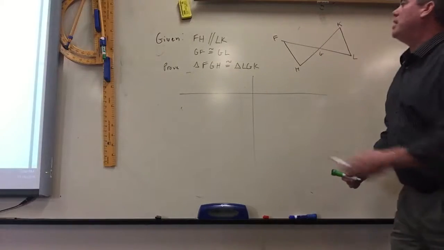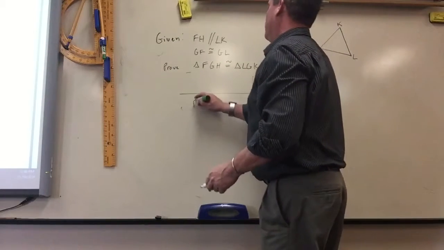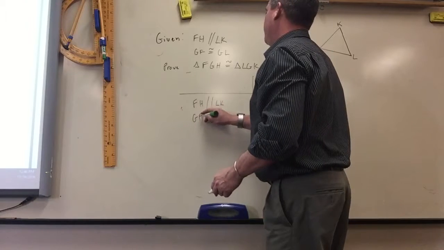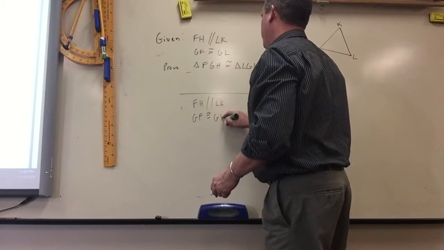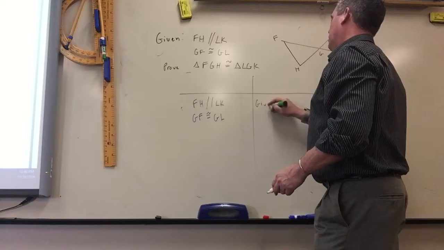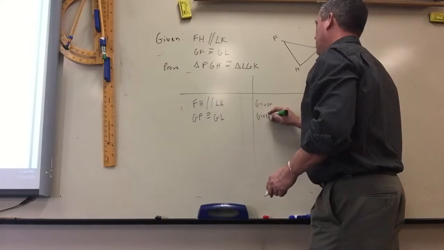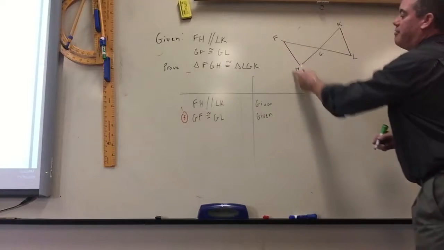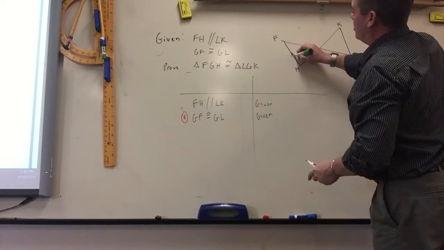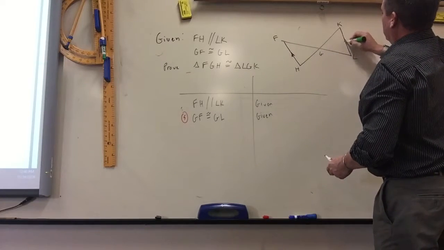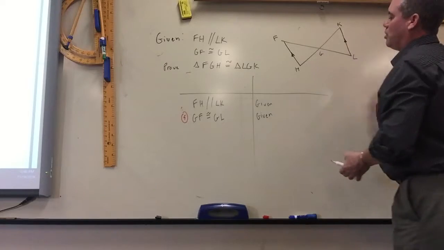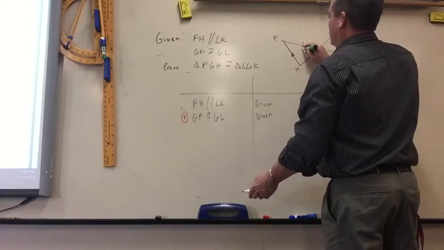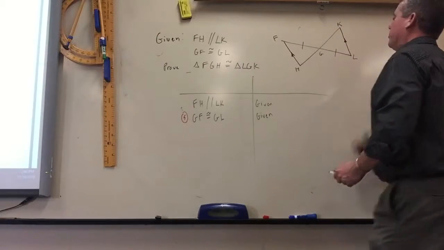Okay, so here they give us two things. FH is parallel to LK and GF is congruent to GL. This gives us a side. So FH is parallel to KL. That doesn't mean they're congruent, just means they're parallel. And then GF is congruent to GL.